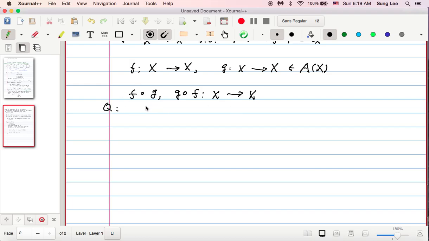So actually, the question here is: is the operation on the set A of x commutative?